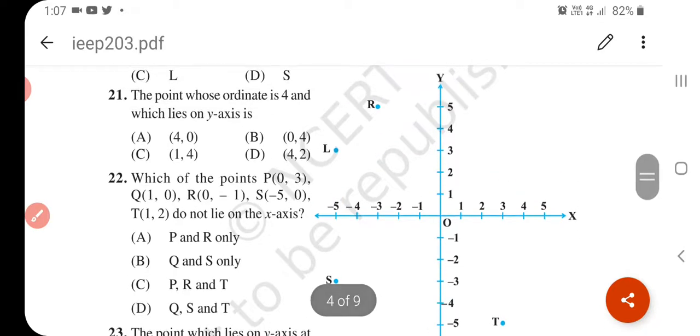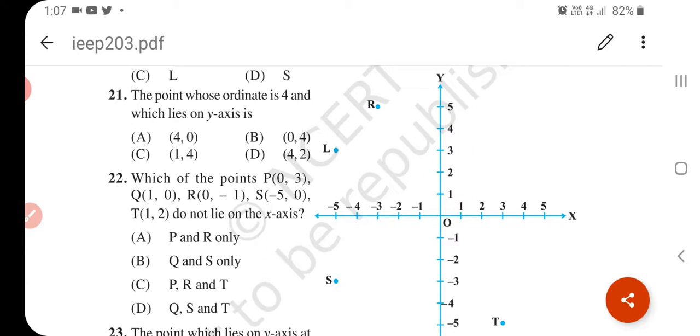The point whose ordinate is 4 and which lies on y axis: its ordinate is 4 and x is 0, because if only ordinate is given, then x is 0. So it's 0, 4. The point on the y axis has its abscissa 0. So the point whose ordinate is 4 and which lies on y axis is 0, 4.